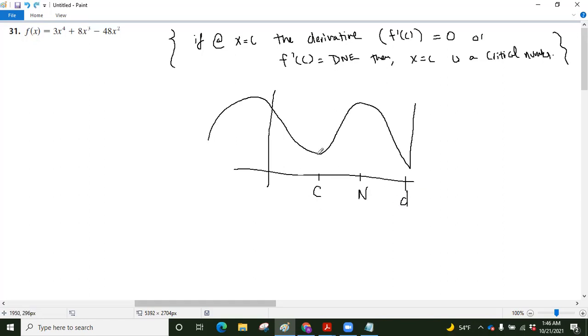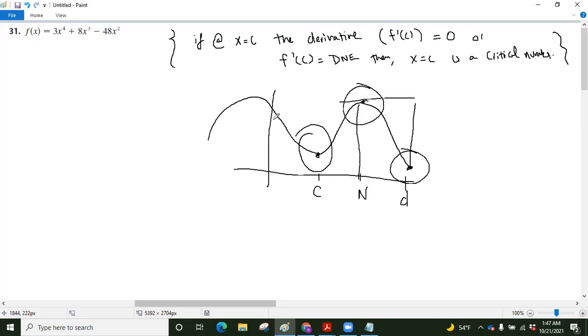At this point here, the derivative is 0, so that means it's a critical number. This point here, the derivative is 0, so it's a critical number. At this point here, the derivative does not exist. It's still a critical number, because the definition says that if at x equals c the derivative f prime is 0, or the derivative at that c does not exist, then it's still a critical number. So this is a critical number, this is a critical number, this is a critical number.